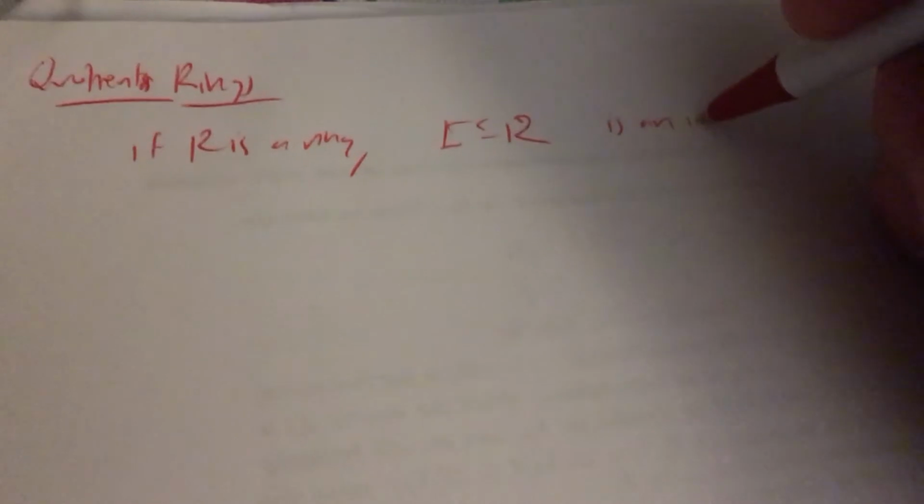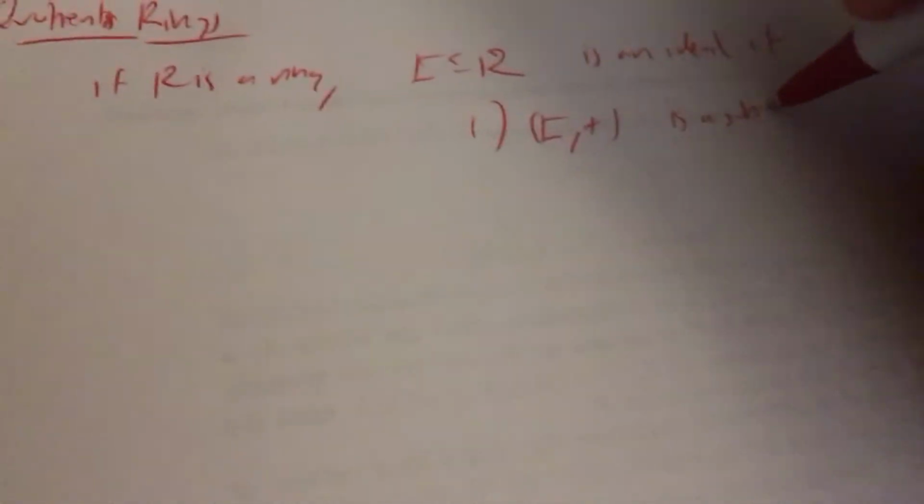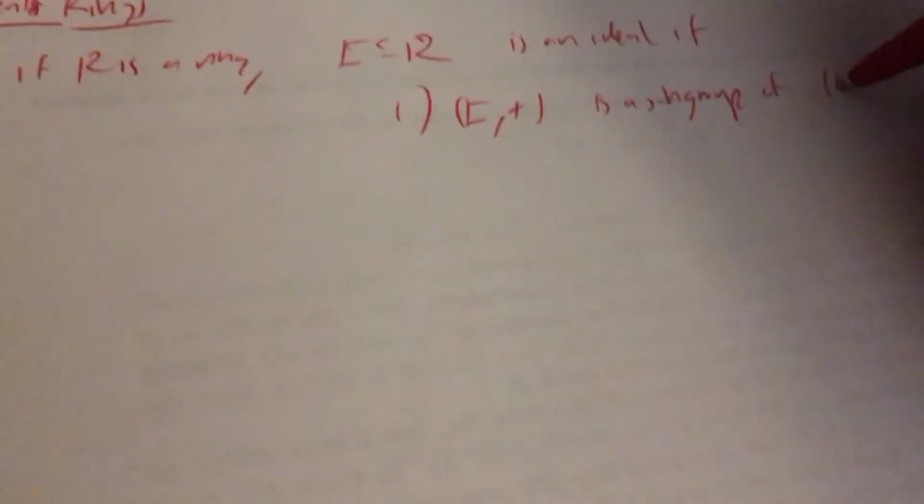Let me recall what an ideal is. If R is any ring, I in R is an ideal if, one, I under plus is a subgroup of R under plus.